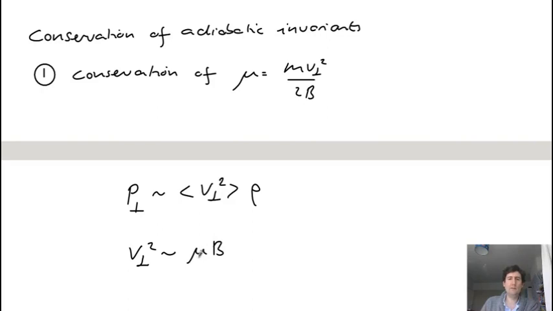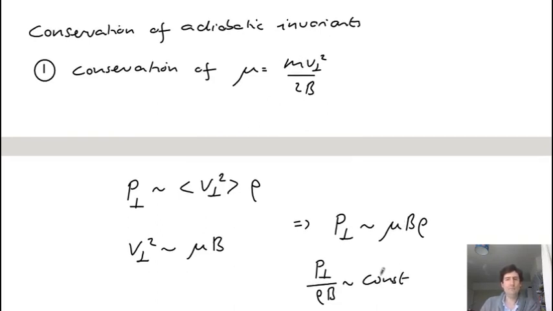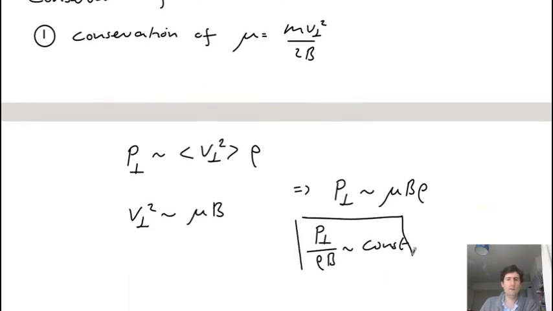Putting these together, the average of mu b times rho is roughly like p perpendicular. And so we have p perpendicular over rho b is roughly constant, because it's some function of mu and constants like the ion masses. So that's the first one, conservation of magnetic moment, which leads to this invariant on the perpendicular pressure.